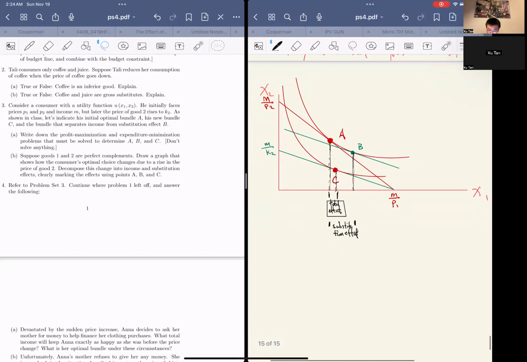So our income effect and substitution effect: the substitution effect is going this way, and the total effect is going this way as well.